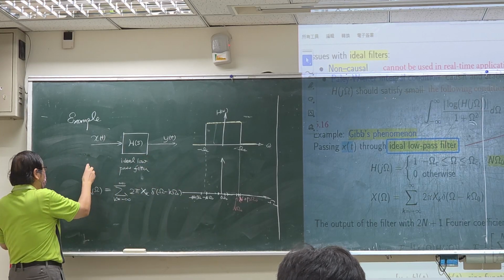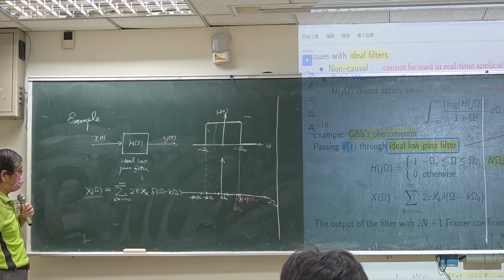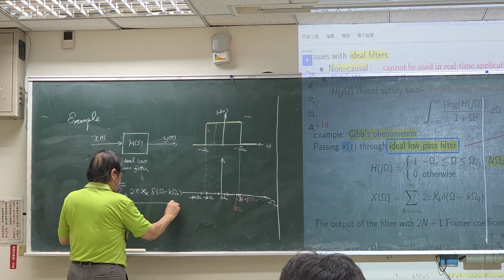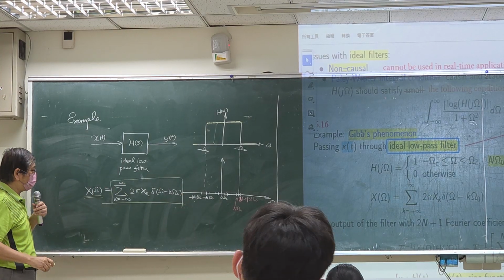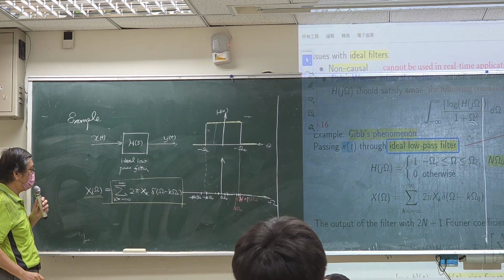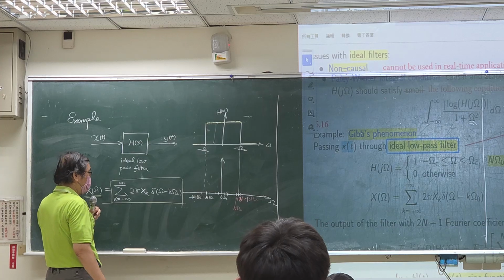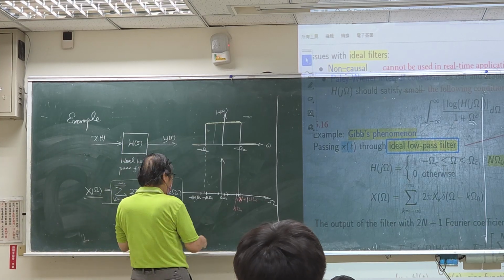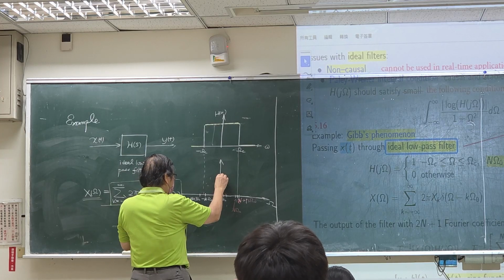Now suppose the Fourier transform of the input signal x(t) can be written as the impulse train, 2 times pi times the Fourier coefficient x of k times the delta function of omega minus k times omega sub 0. Which means if you look at the spectrum, it's going to be like this.